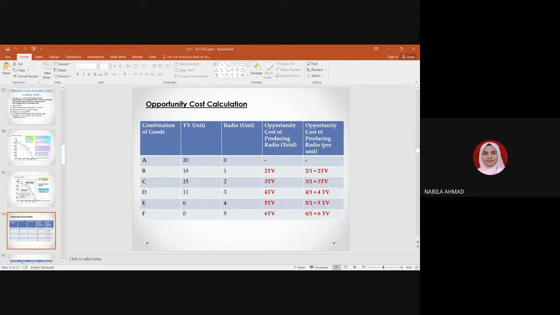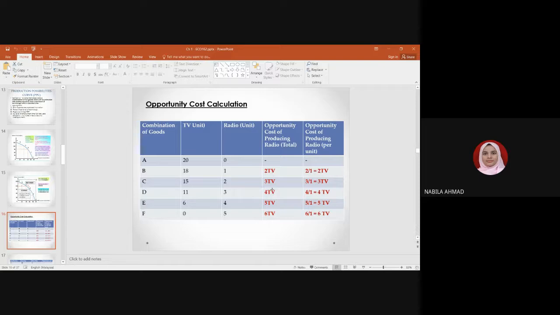Right? So kalau dia tak tanya per unit, kita janganlah buat per unit. Per unit ni kita bahagi dengan berapa yang kita increase. Kalau dia tanya total, kalau dia tanya per unit baru jawab. Kalau dia tak tanya per unit, maksudnya tolak macam biasalah, kita buat total saja. Ya? Boleh faham ya? Alright.